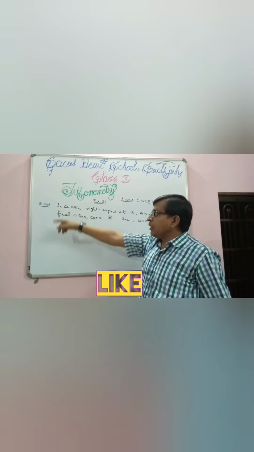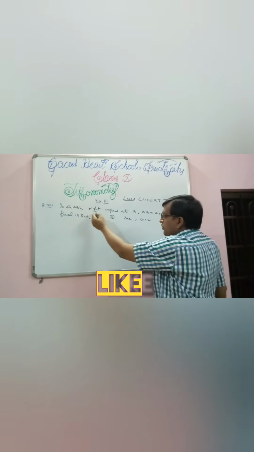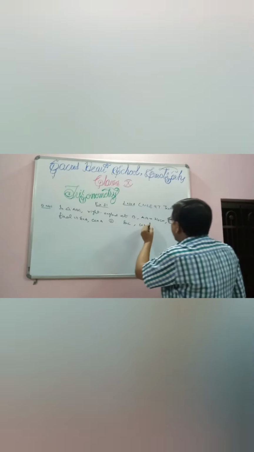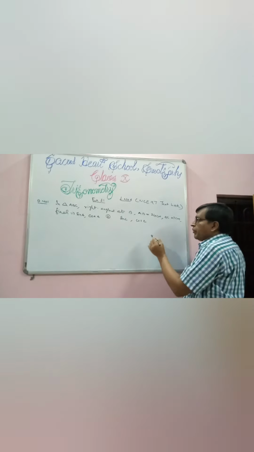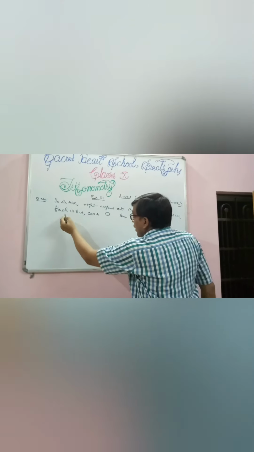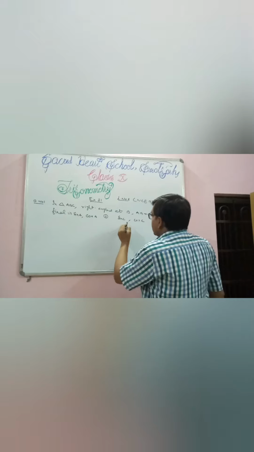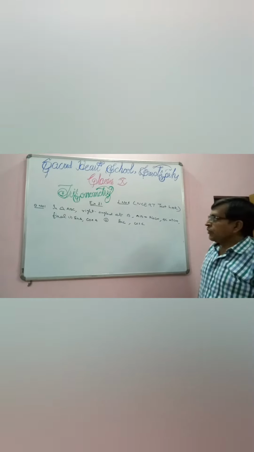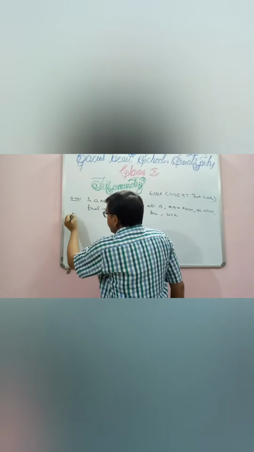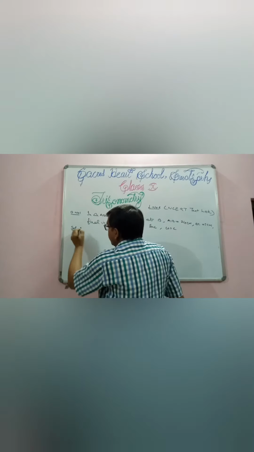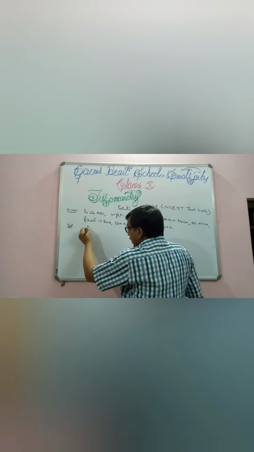Exercise 8.1, Question number 1. In triangle ABC, right angled at B, AB equals 24 cm, BC equals 7 cm. Find sin A, cos A, sin C, cos C. We start the solution by writing this. We make two right triangles.